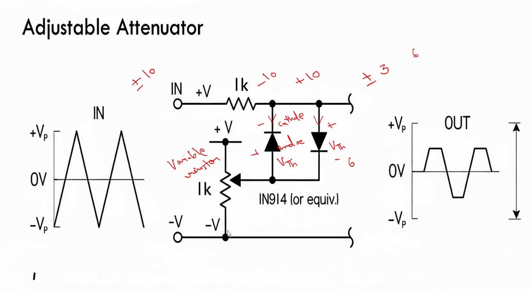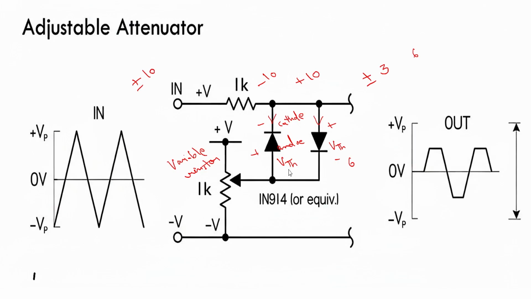The electrons will flow here, and this variable resistor will work as a voltage divider circuit. It will also create the threshold voltage. If you drag it, you can change the threshold voltage of any diode.